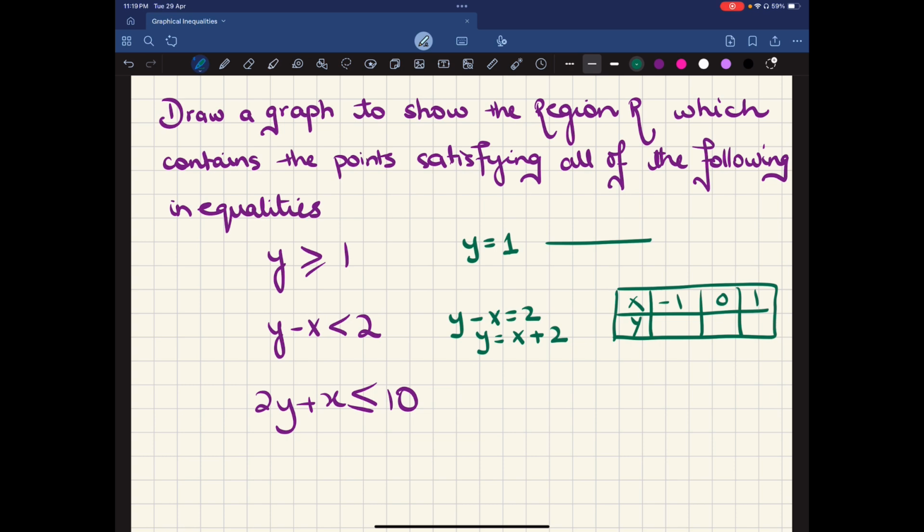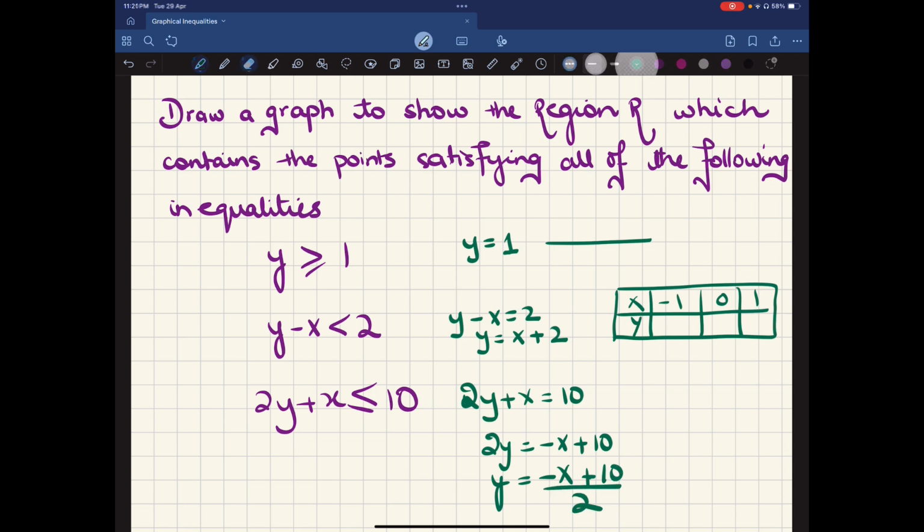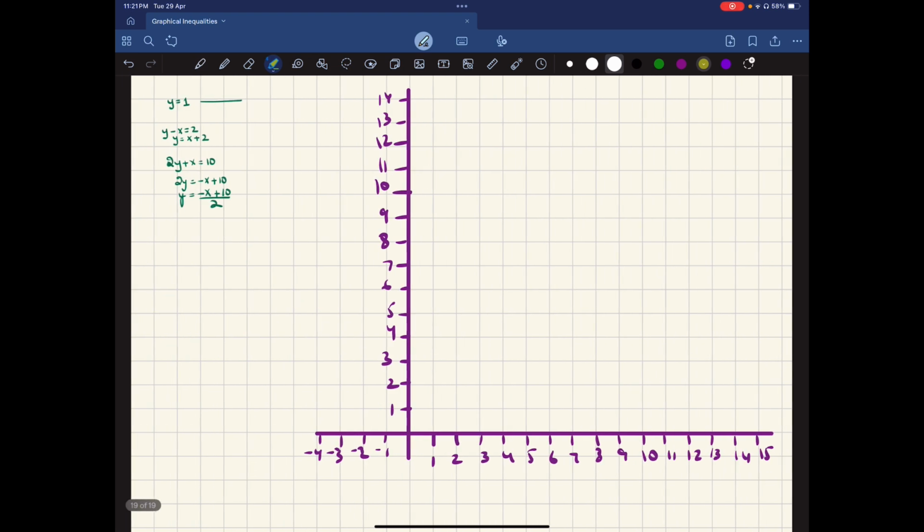And the same goes for the third equation. 2y plus x is equal to 10. 2y is equal to -x plus 10. Okay, so we have the three equations. Let's learn how to plot them on the graph.